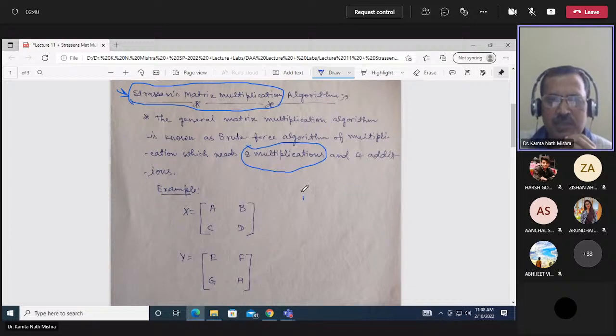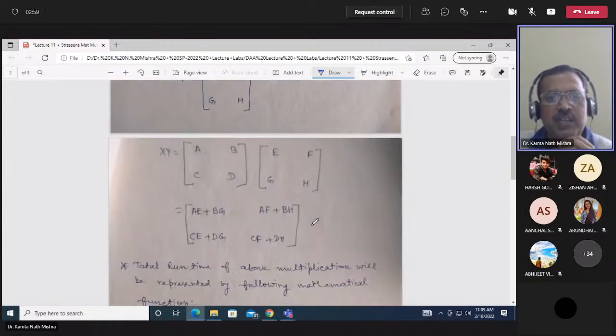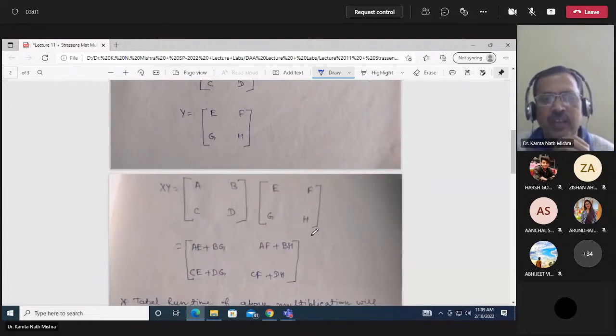How many multiplications does the brute force algorithm use? 8 multiplications and 4 additions, if you are going for 2 cross 2. But if you see Strassen's matrix multiplication, it will use a lesser number of multiplications.